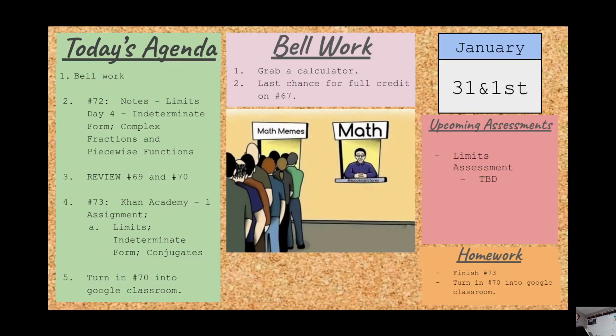Then I would recommend you spend 2 or 3 minutes looking at your 2 handouts from last class, because 73 is asking you to practice one of those. And some of you even did that early, which is great, but if you did it early, then you'll have more downtime today, I guess. But 73 is asking you to practice indeterminate form of conjugates, that's in Khan Academy, and turn in 1 assignment from last class.